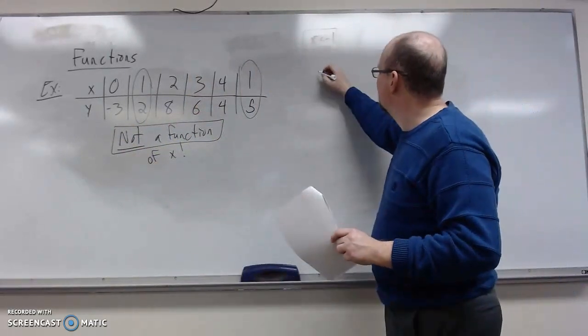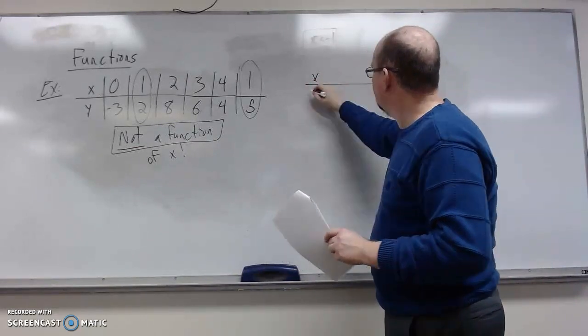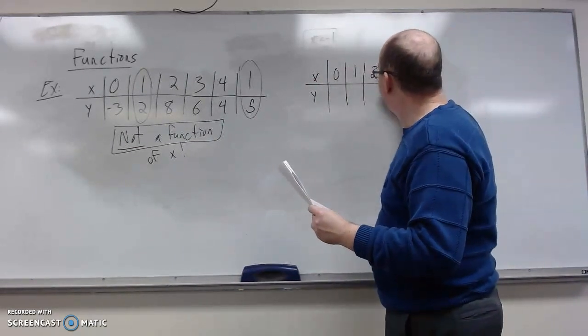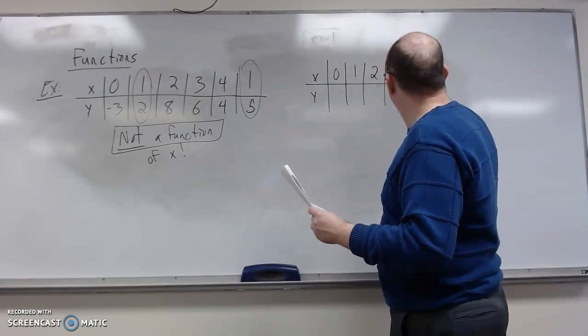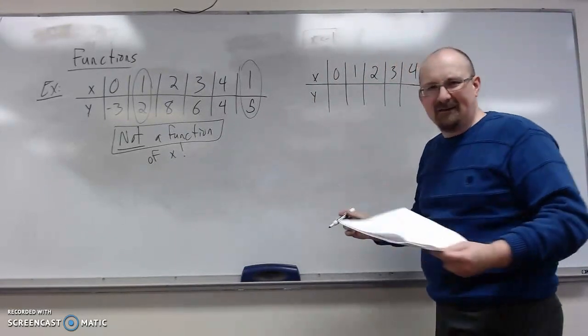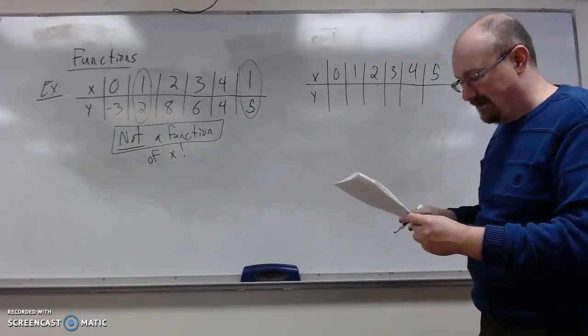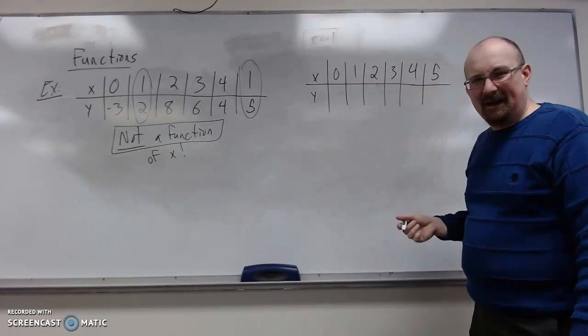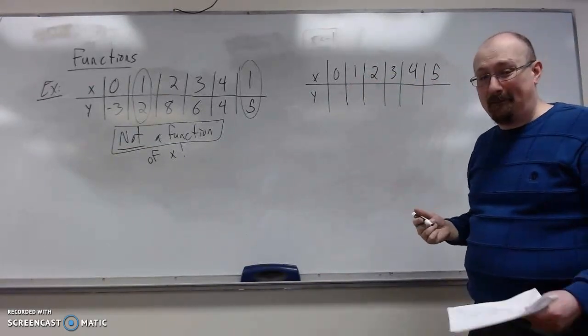The next one, I'll try to be a little more compact. You've got this in front of you, but it gives me something to point out when I'm describing things. This time around, we're clear on this being a function of x because we don't have a repeated x value.